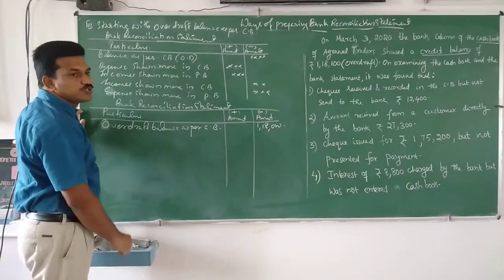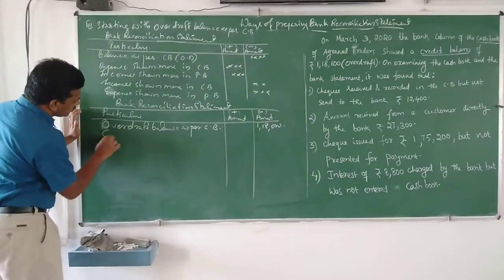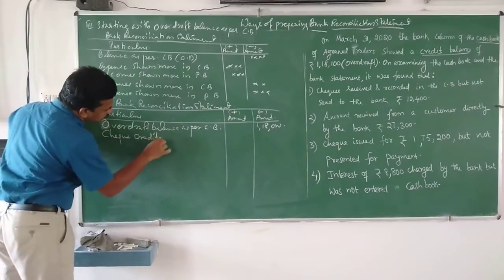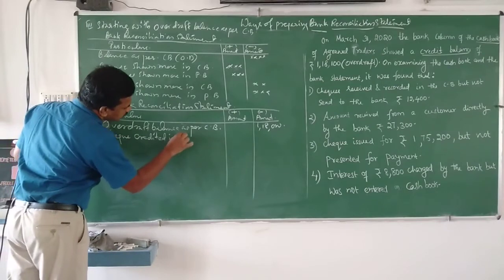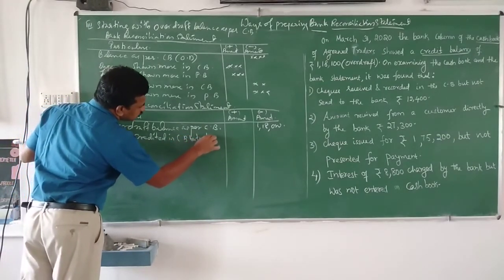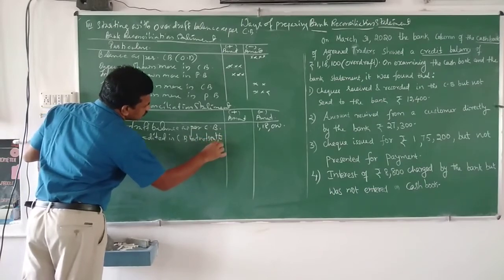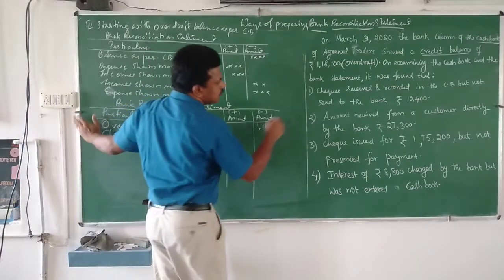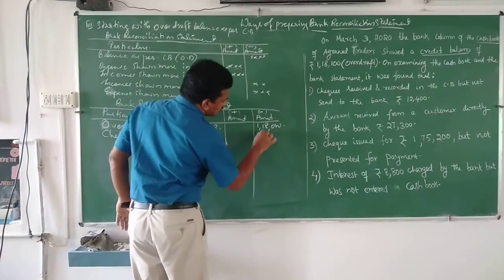What to do? It should be deducted. So check credited in cash book but not sent to bank. How much? 12,400.